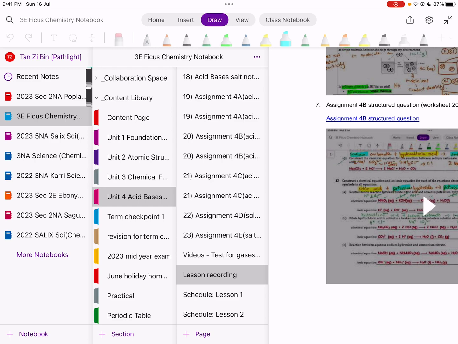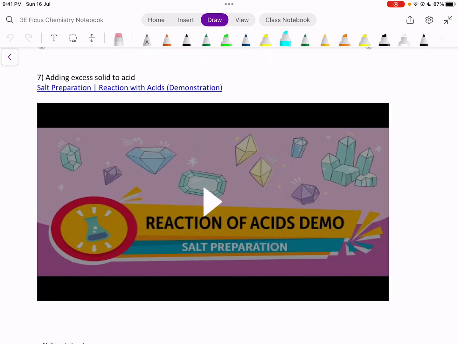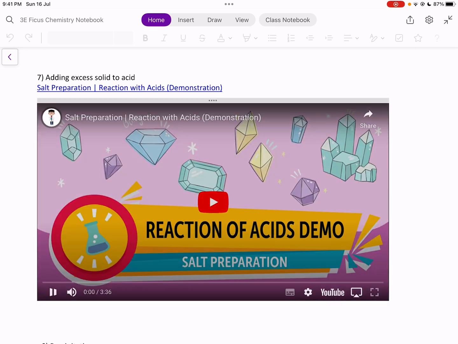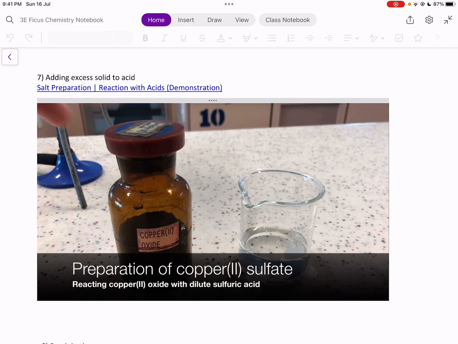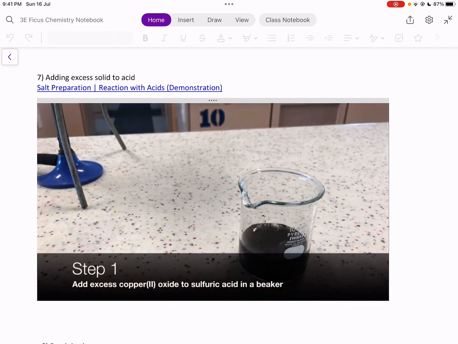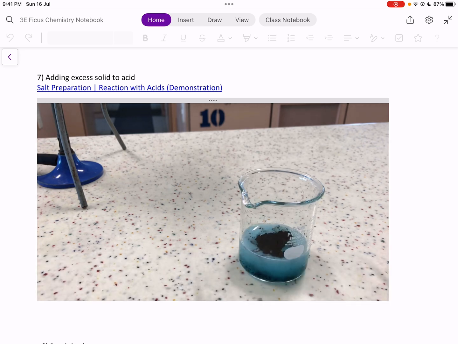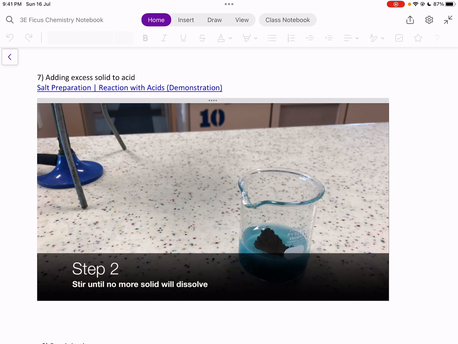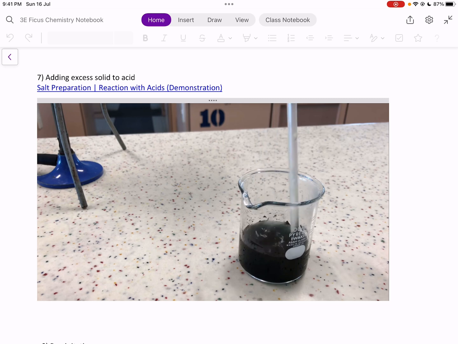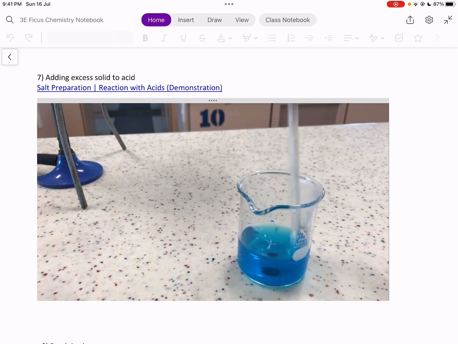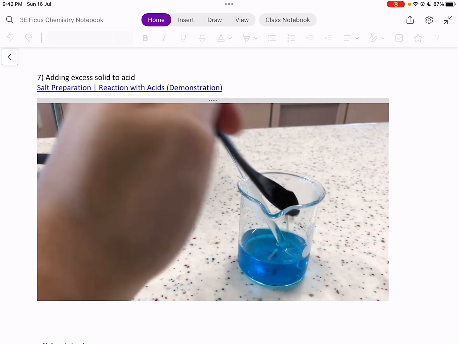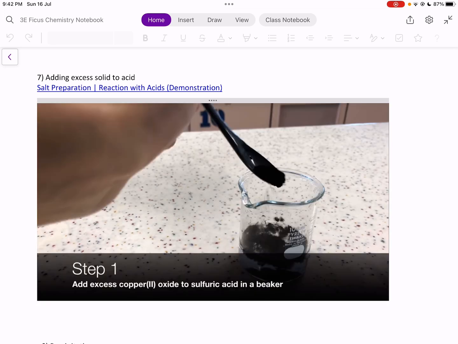Hang on. Any excess. Alright. Prepare the copper 2 sulfate.